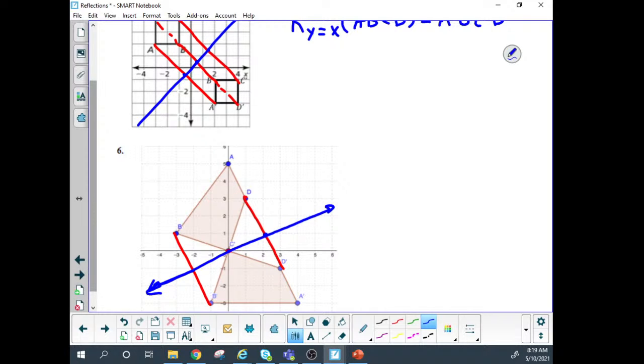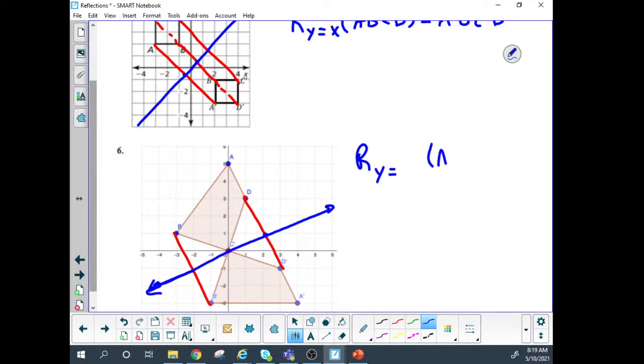What is this reflection? I'm not expecting you to come up with a coordinate rule for this, by the way. It's really tricky. So you're just looking for what this is a reflection of.